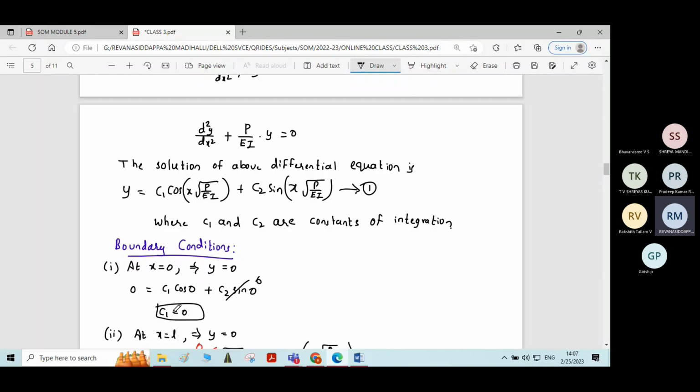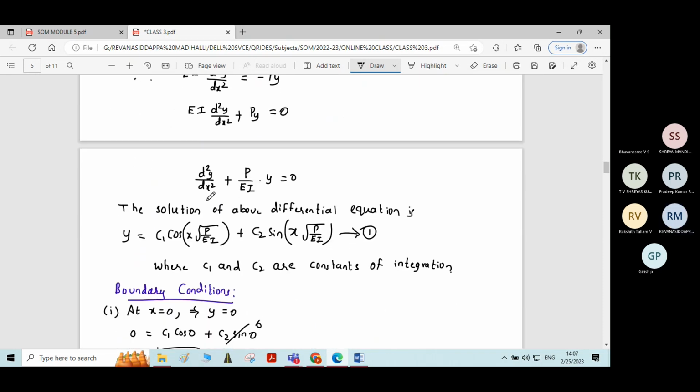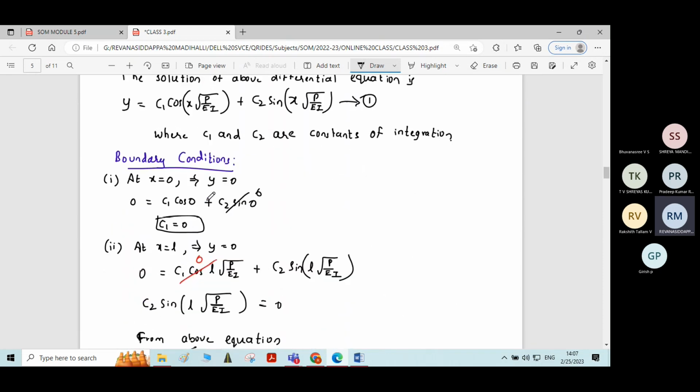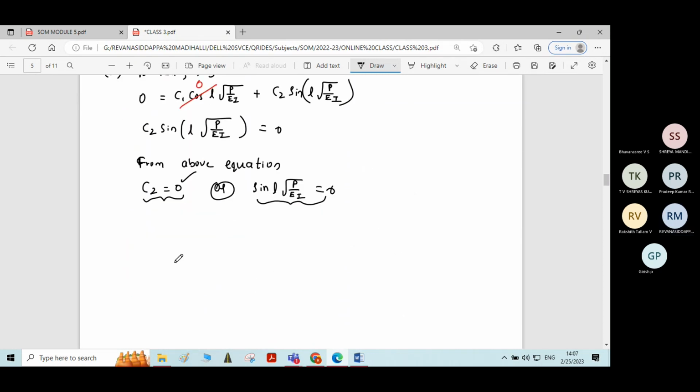If you substitute C2 equal to 0, there is no equation for y. Which is practically not applicable. Therefore, C2 cannot be equal to 0. By considering the practical aspect, C2 cannot be equal to 0, but sin L root P by EI can become 0.